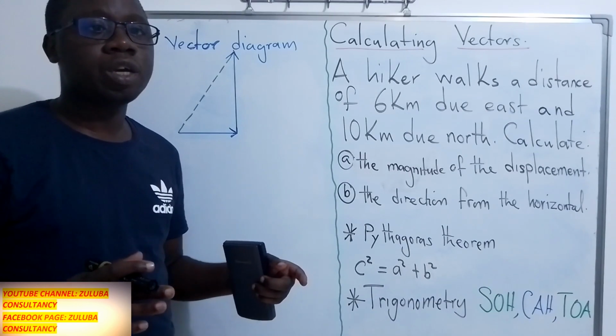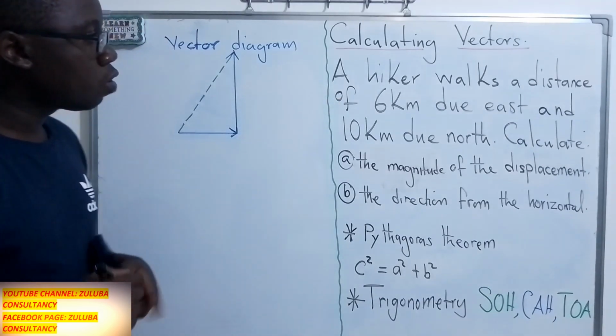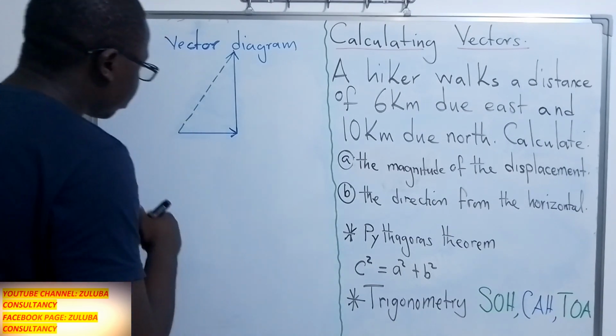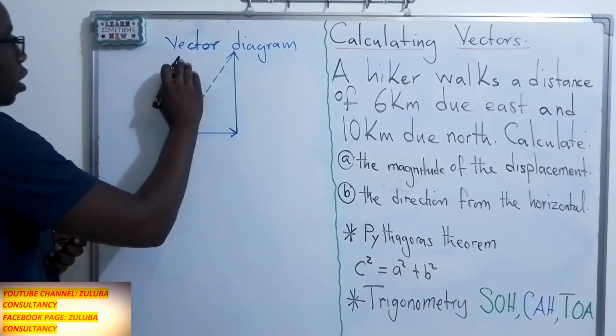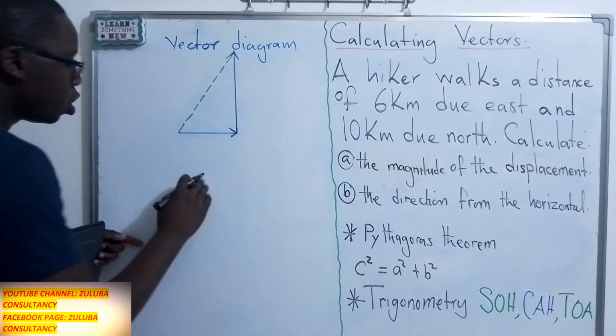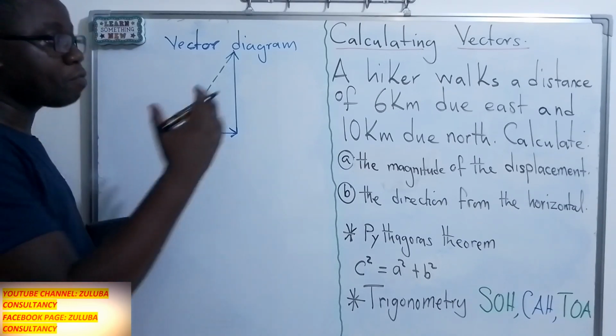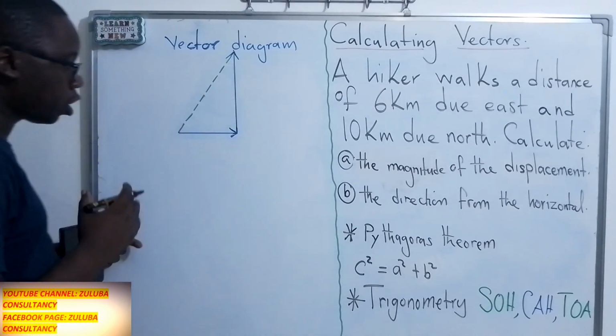Going back to the question, it tells us that this hiker walks 6 kilometers to the east. So I have done here a vector diagram to help us answer this question. You do well to do a vector diagram every time you have been asked such a question.